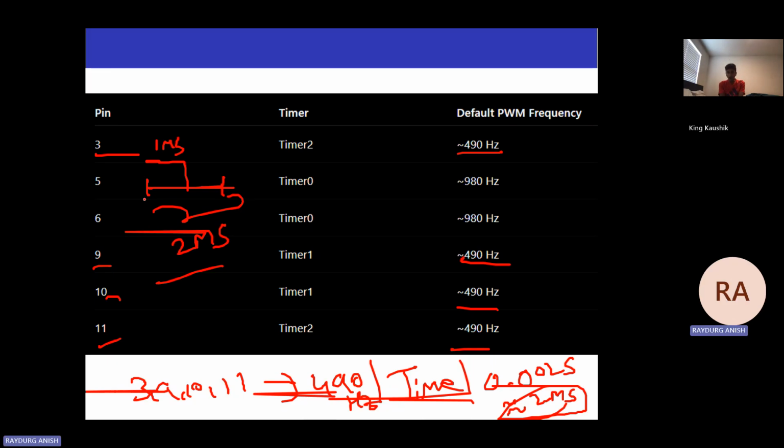So this time period depends on the pin. You can make a note of it. For 3, 9, 10, 11, the frequency is 490 hertz and the time period is 2 milliseconds.